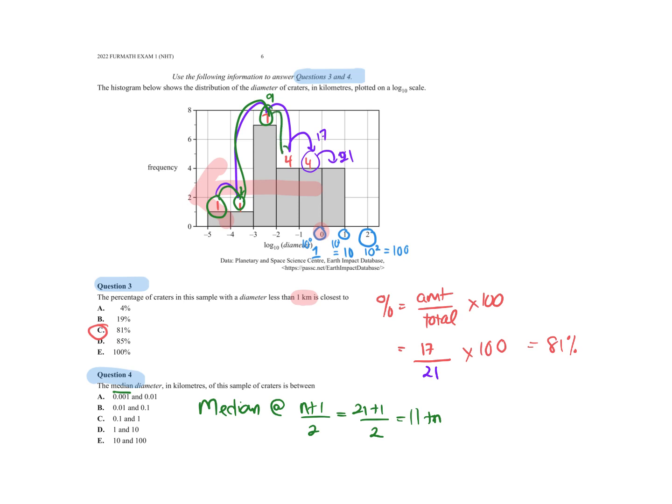Then down here, the 11th occurs in here. Would you agree? So we're saying the 11th occurs somewhere between 10 to the power of negative 2 and 10 to the power of negative 1. If you're not good at it, just plug that number into your calculator and you'll see you get 0.01 and 0.1. Okay, so which one's the answer for this one? B.